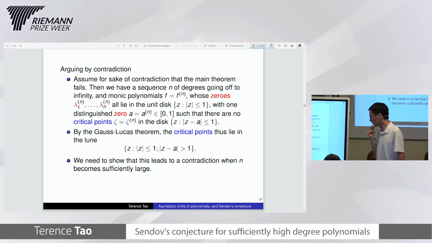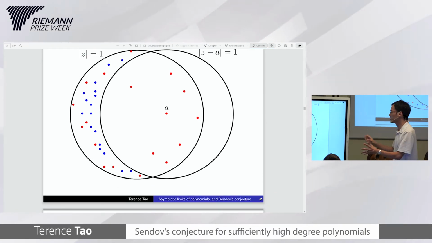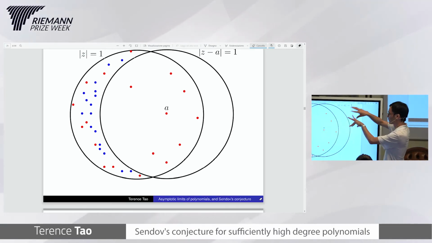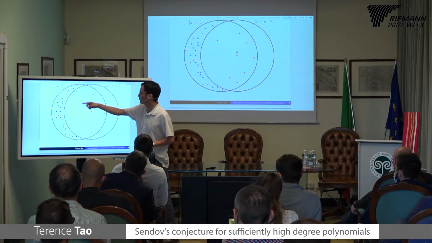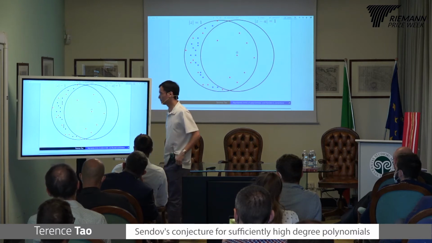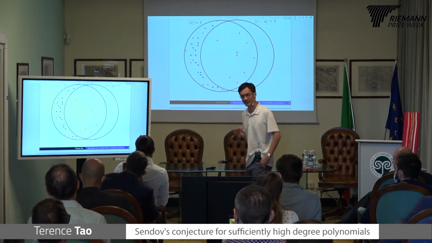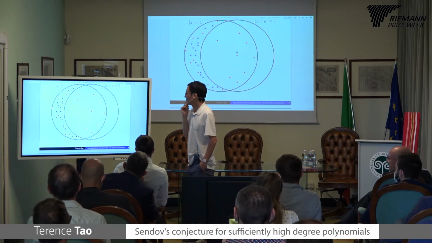The next slide has the picture of this. Now we have many, many zeros, and you should think of the number of zeros as going to infinity. We have one special zero, and all the critical points are trapped in this lune here. Luna in Italian.